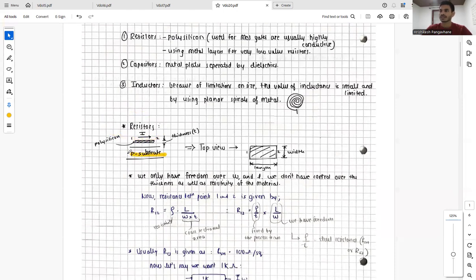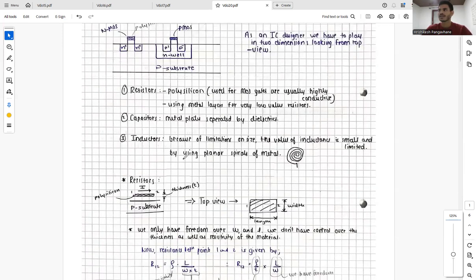As we discussed, we have a P substrate, and we have different metal layers. And in these layers, let's say from point 1 to point 2, there is a polysilicon layer whose thickness, let's say, is T. The P substrate and the thickness of the metal are already designed by the process team.